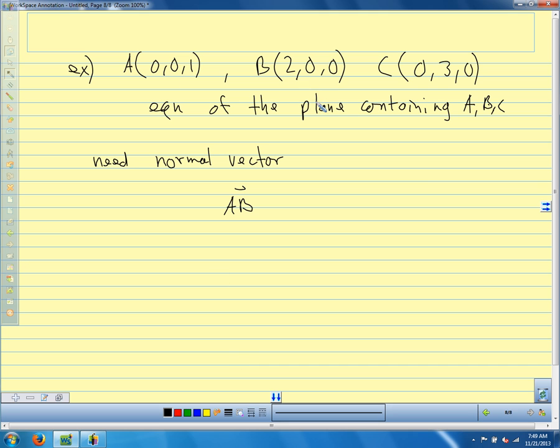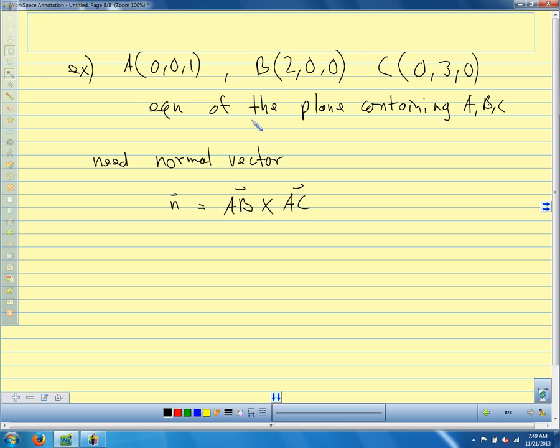Wouldn't that vector be in the plane, since those 2 points are in the plane? And wouldn't the vector AC also be in the plane? If I form the cross product of those 2 vectors, what direction does the cross product point? Isn't it orthogonal to both of those vectors? If it's orthogonal to both of those vectors that are in the plane, isn't it going to be normal to the plane? So there's our normal vector.